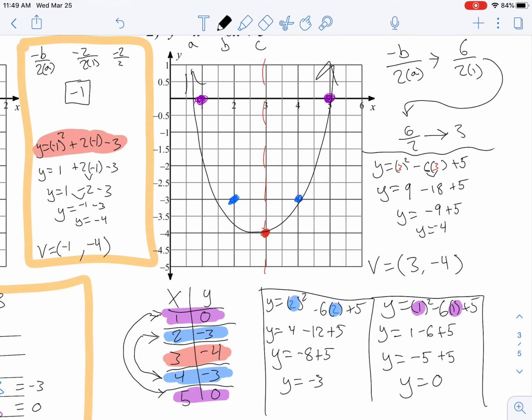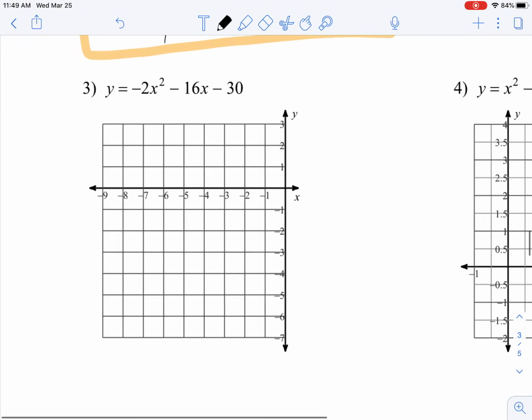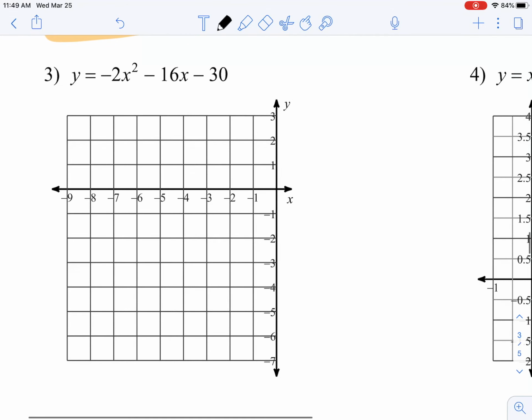Okay, we're going to do 2 more, and that's it. So I'm going to talk a little bit less through these and just solve them. And then we'll go from there. All right. Negative b over 2a.